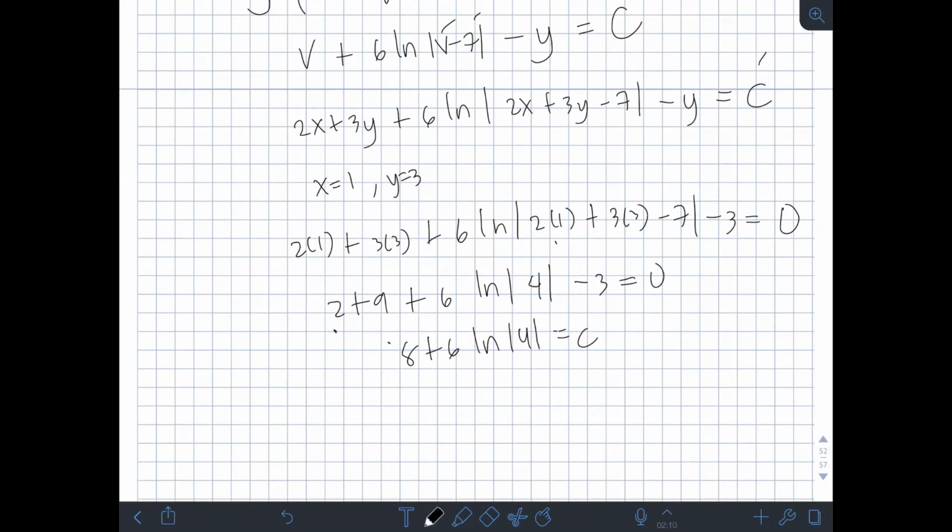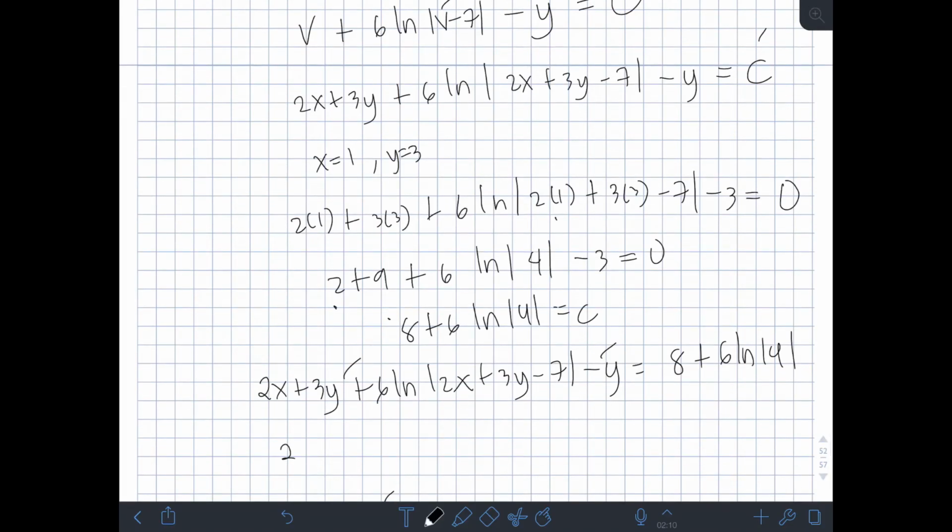So, kapag sinubstitute natin, we have 2x + 3y + 6 ln|2x + 3y - 7| - y is equal to 8 + 6 ln 4. Okay? So, magiging, combine natin itong 3y tsaka -y, 2x + 2y + 6 ln|2x + 3y - 7| equals 8 + 6 ln 4.